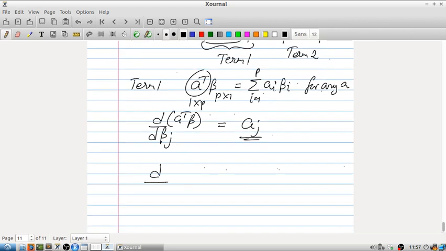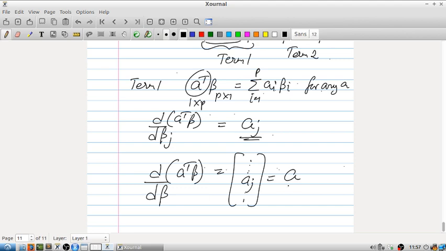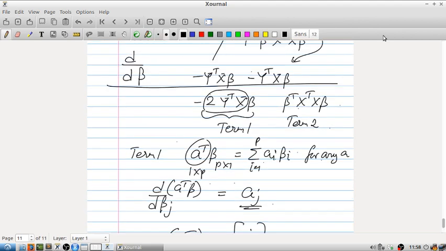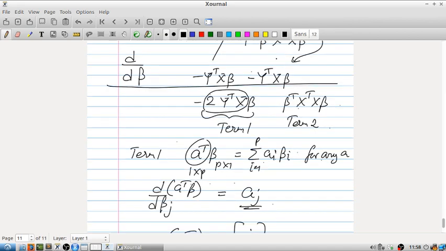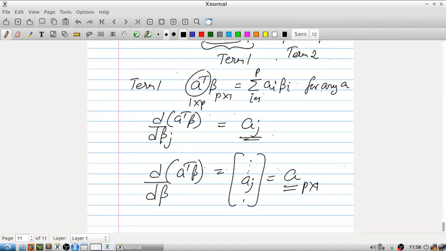If you stack the derivatives with respect to all the j's, the vector derivative is just the vector A, which is P cross 1 dimensional. So at least we know how to take the derivative of these two guys. The only thing which remains is beta transpose X transpose X times beta. That's a little bit complicated.